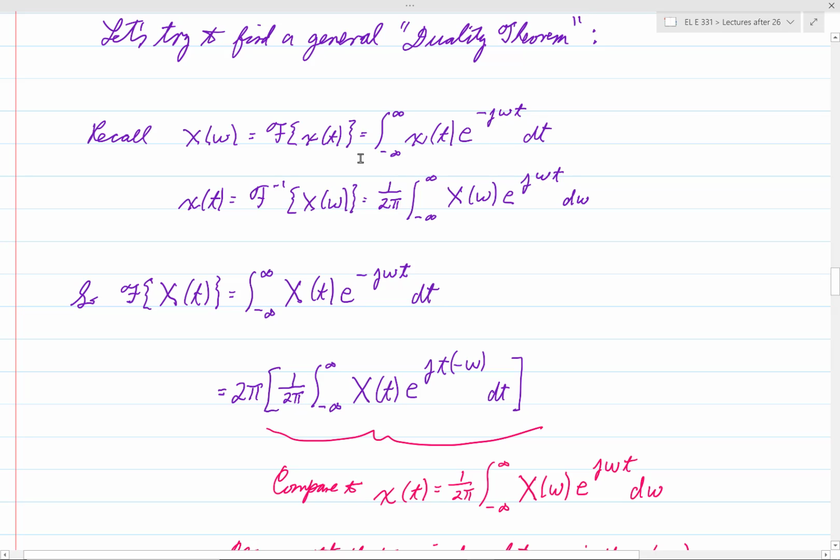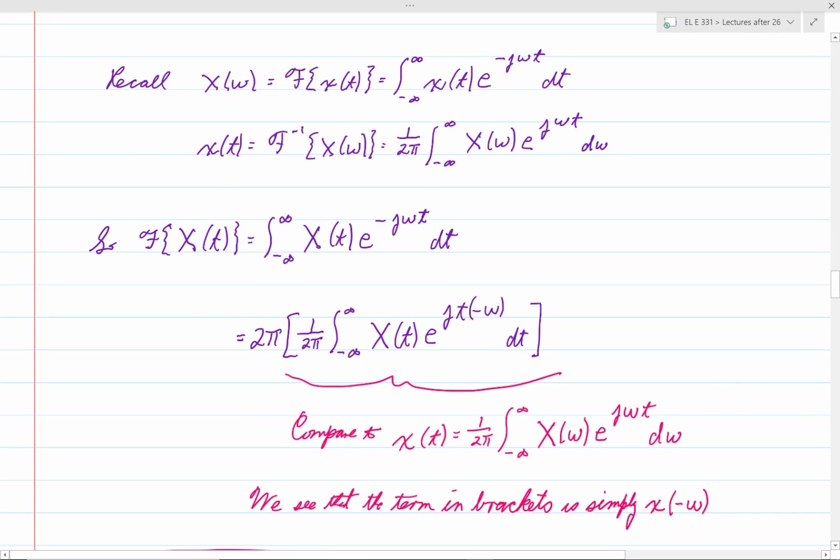And if we wanted to go the other way, then little x of t is the inverse Fourier transform of capital X of omega, and it can be calculated as 1 over 2 pi integral negative infinity to infinity of capital X of omega e to the positive j omega t d omega.